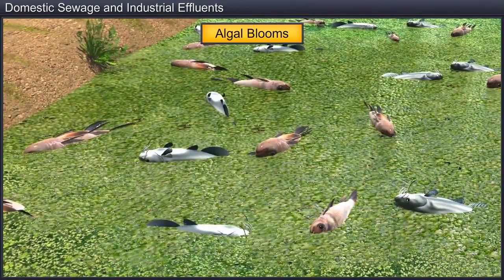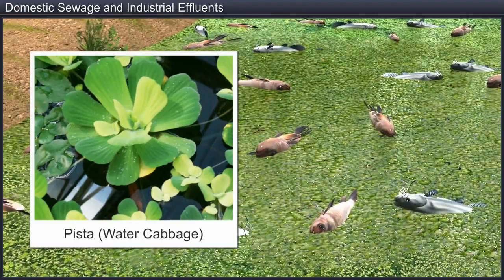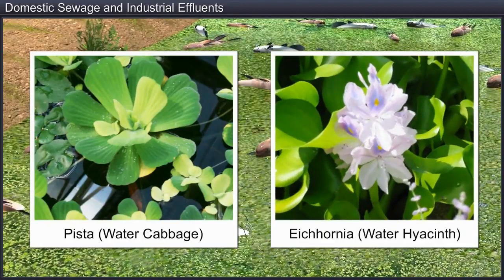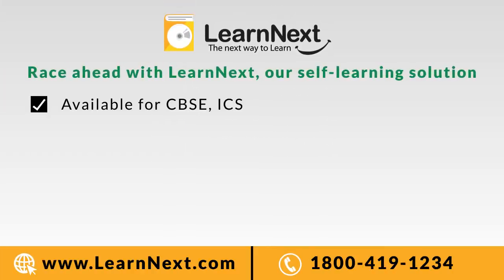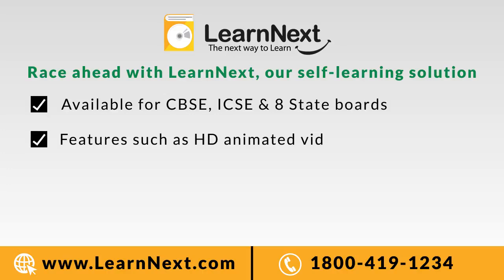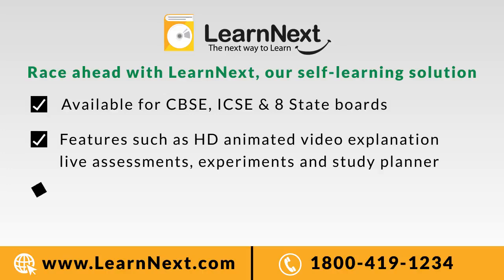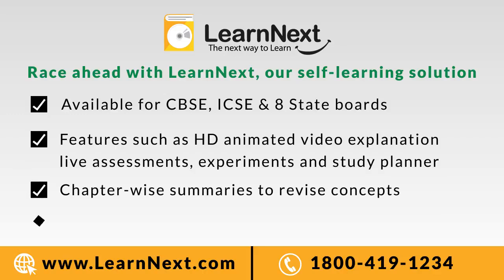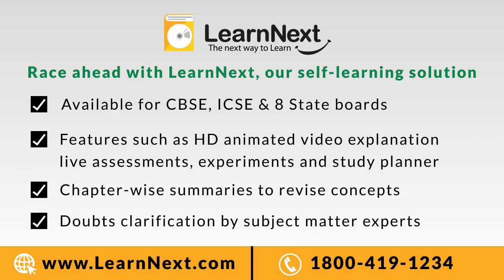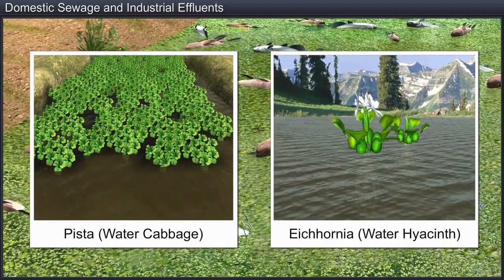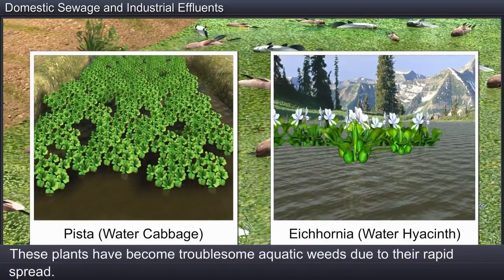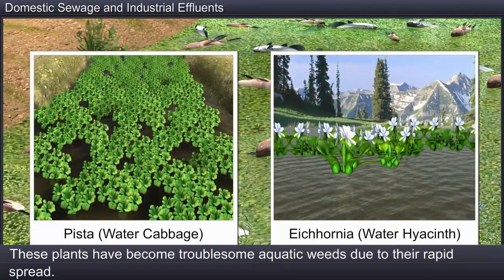Besides these floating algal blooms, you also see plants such as water cabbage and water hyacinth floating on water bodies. Decades ago, these plants were introduced in water for their beautiful shape and flowers.